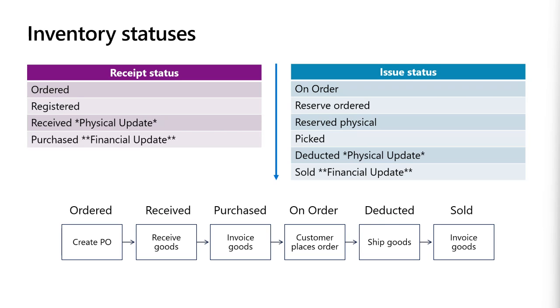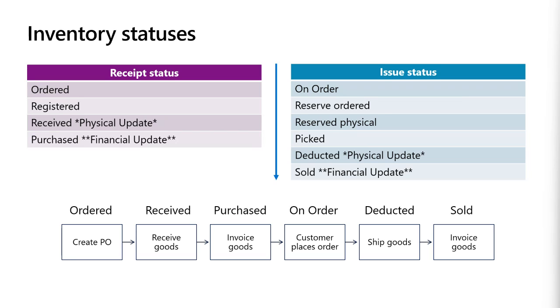Our purchase order receipt status starts as ordered, is updated to received when we post the product receipt, and is once again updated to purchased when we post the invoice. On the sales order issue status, we start with on order status, update to deducted when we post the packing slip, and update again to sold when the invoice is posted.